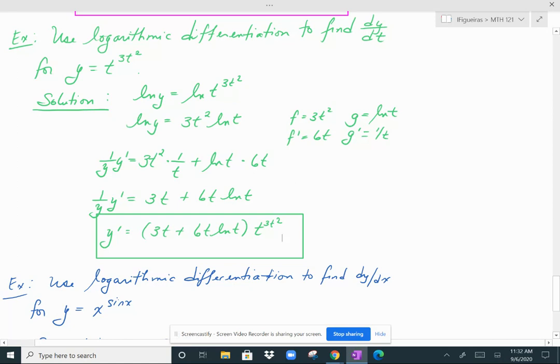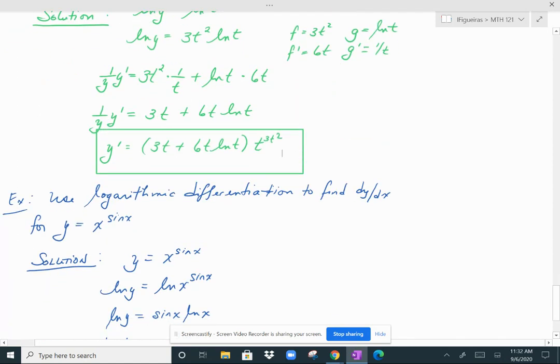Okay, and here's one more using logarithmic differentiation. I want to find the derivative of y equal to x to the sine of x. Remember, when you have an exponential expression and your variable is in the exponent, logarithmic differentiation allows you to find the derivative pretty easily.